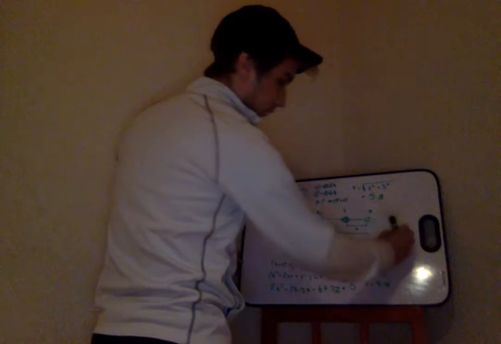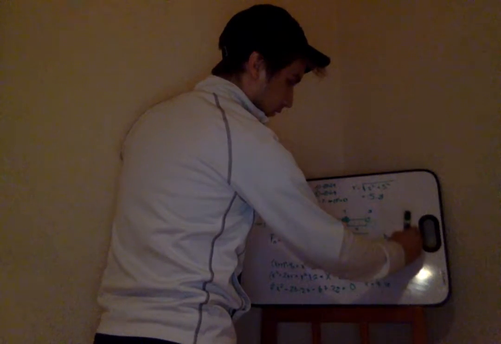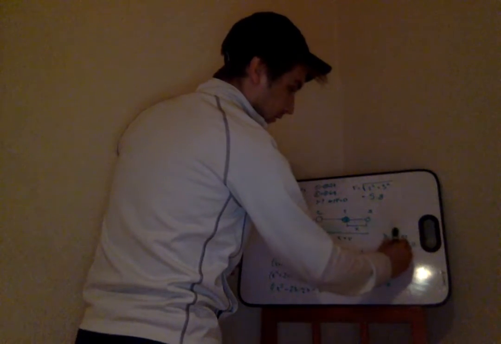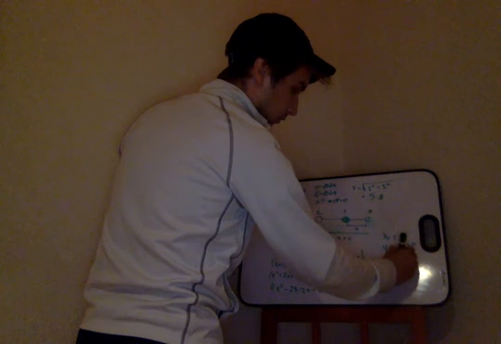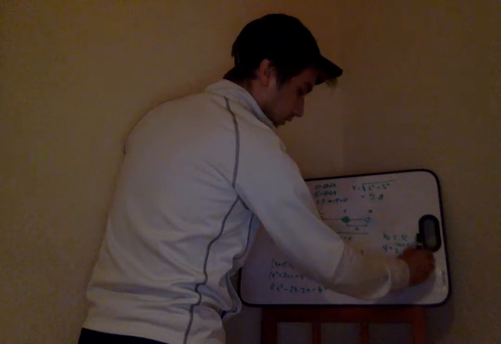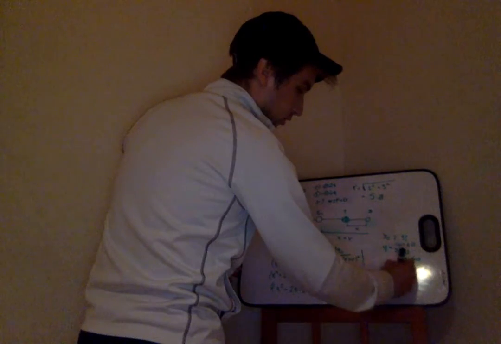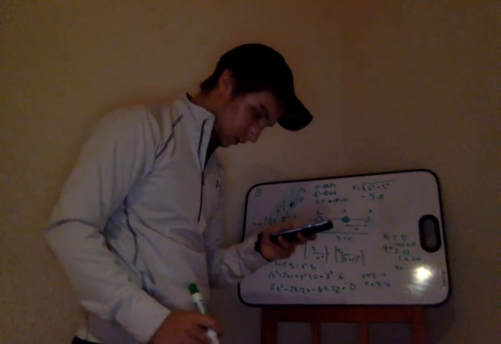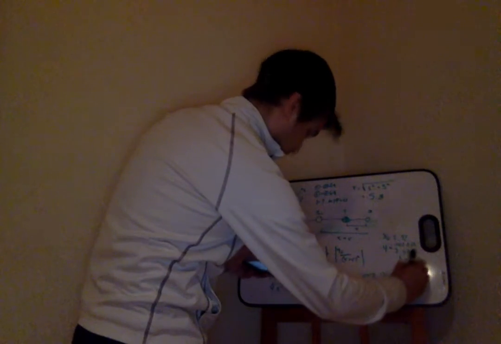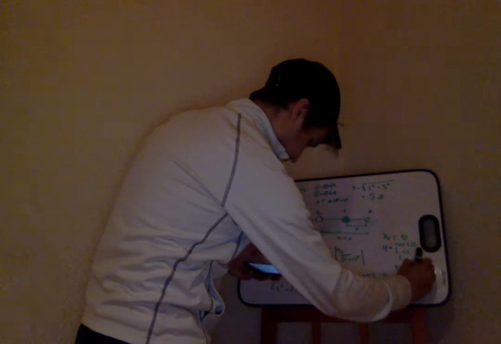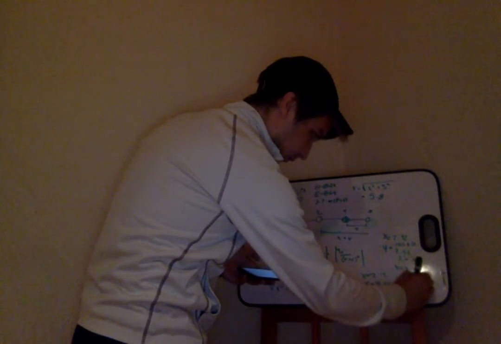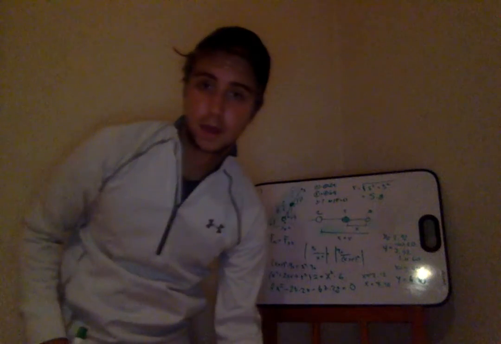So it's 7.92 cosine of 60 and 7.92 sine of 60, which give us x equals 3.98 and y equals 6.90, and that's our answer.